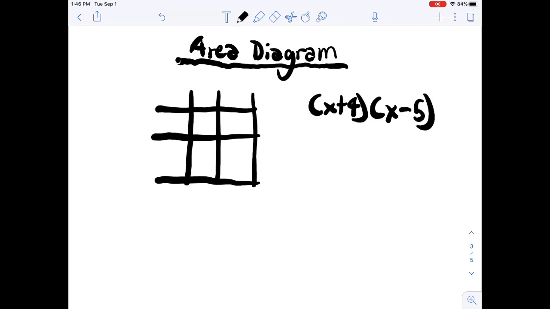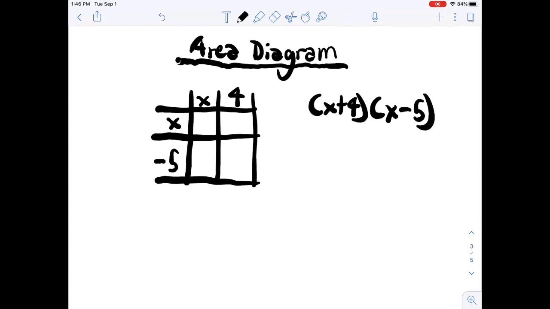So on the top horizontal, we're going to write x plus 4. So in this slot, we're going to write x, and in the slot right beside, we're going to write 4. And then on the left-hand side, vertically, we're going to write x minus 5. So here we're going to write x, and then right below we're going to write -5.